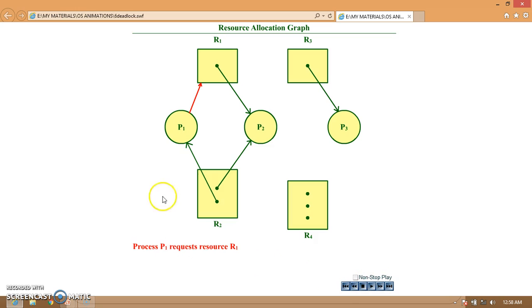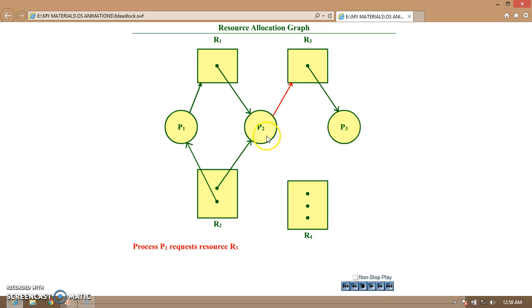Now look at that. Process P1 is requesting to access resource R1. R1 is a single instance resource and it is already being accessed by P2. That's why the request of process P1 will not be granted. Process P1 has to wait for resource R1 until process P2 completes its task.